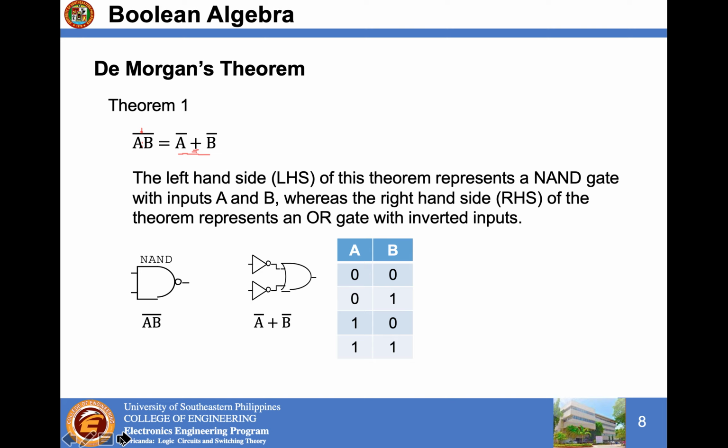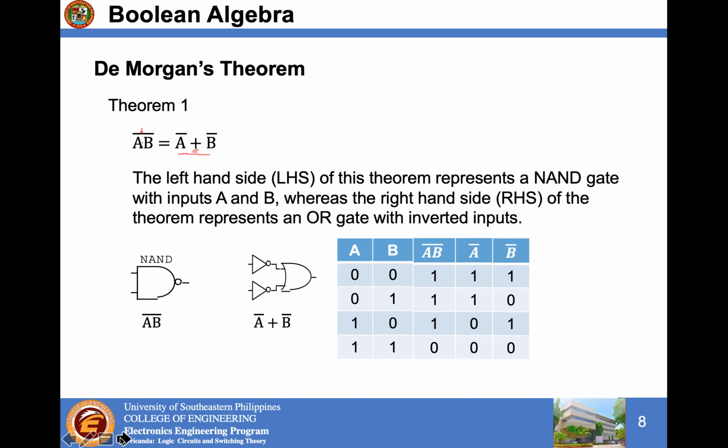To prove that they are the same, we have to use the truth table. We have inputs A, B. Then for A NAND B, that is equivalent to 1, 1, 1, 0 for your inputs from 0 to 3. Next, we have to get the complement of A. So we have 1, 1, 0, 0 from 0, 0, 1, 1.